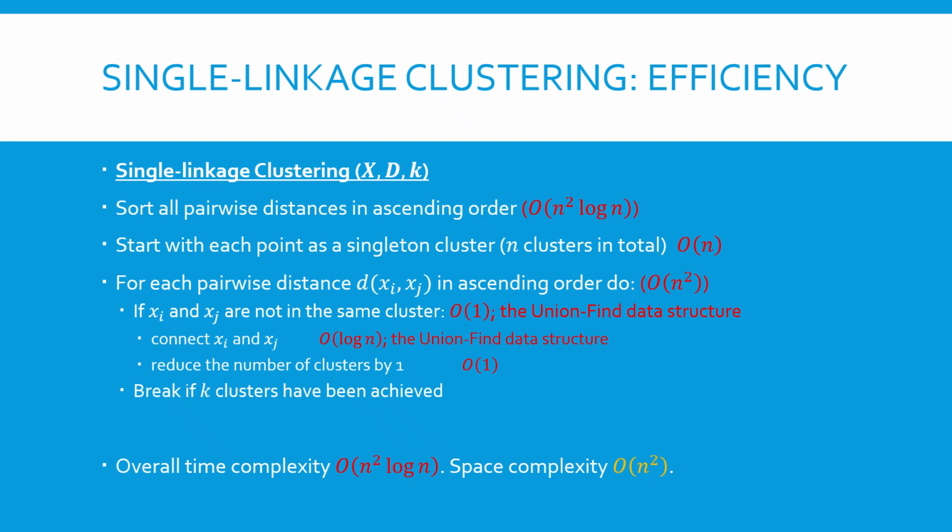For each distance, we may need to merge the clusters containing xi and xj. Using a union-find data structure, each merge takes O(log n) time. As a result, step 3 also takes O(n squared log n) time. Combining all steps, the overall running time is O(n squared log n). Its space complexity is O(n squared), which is required to store the pairwise distance matrix.